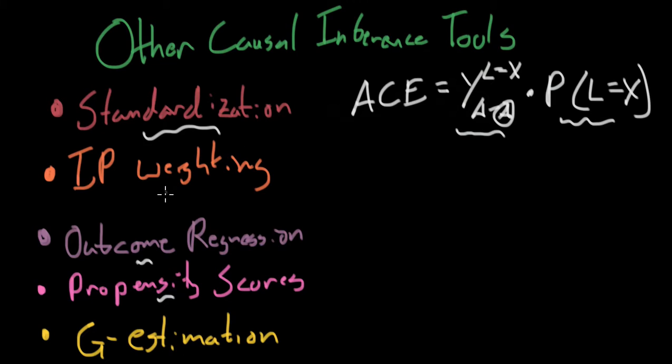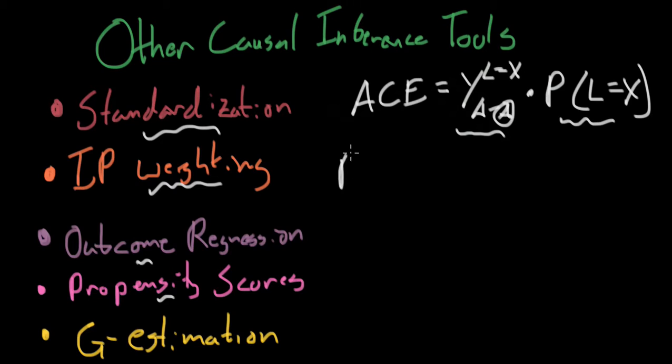Now, IP weighting, which comes from the same sort of family as standardization, they're both G methods, does the exact opposite. It assumes the average causal effect, and it models the probability. The only reason I showed you standardization was because I feel like it's a little bit more intuitive for me to explain and to grasp as well. This brings up one final point that I do want to make before going on to the other ones.